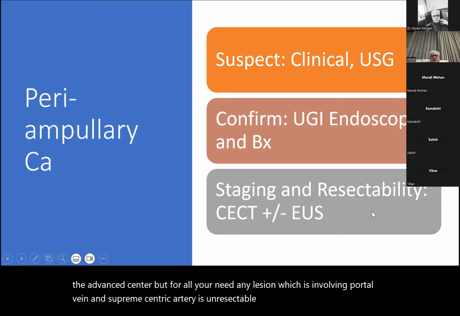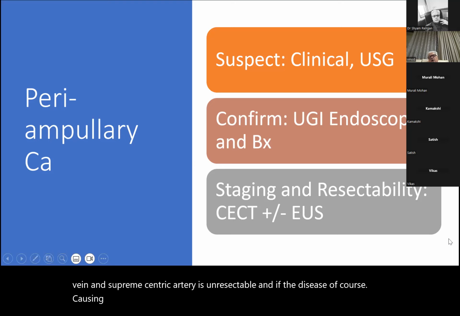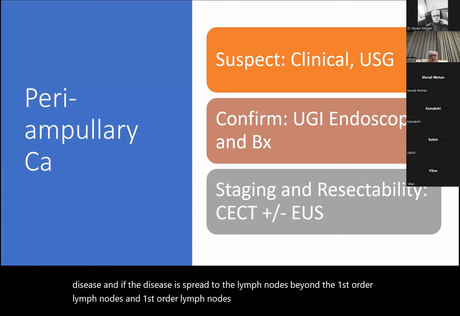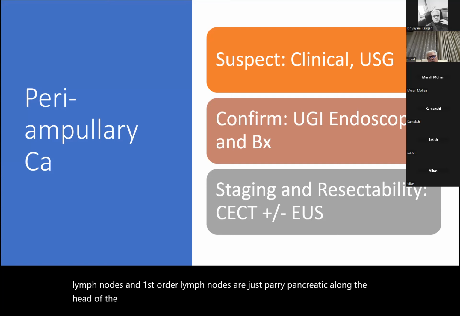And if the disease is causing involvement outside into the retroperitoneum, again, it is unresectable disease. And if the disease has spread to the lymph nodes beyond the first order lymph nodes, and first order lymph nodes are just peripancreatic along the head of the pancreas. And don't forget that involvement of the lymph nodes in pancreatic tumor badly affects the prognosis.